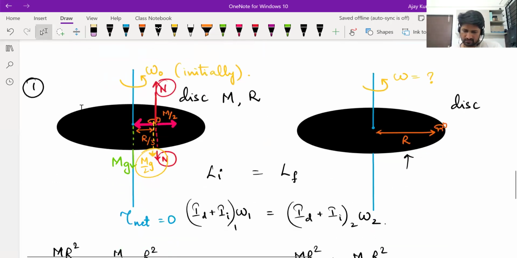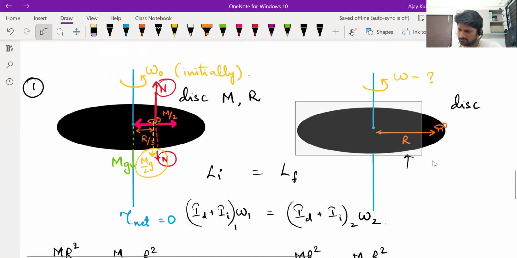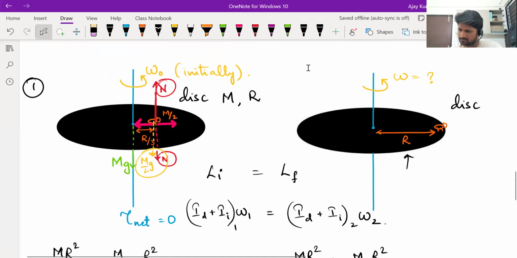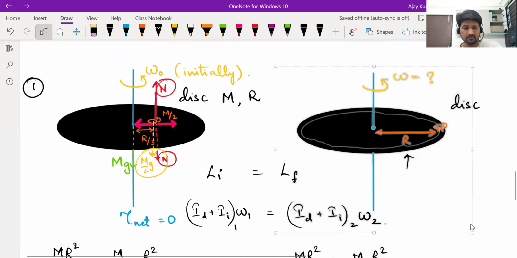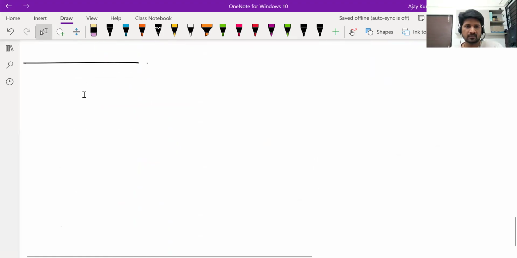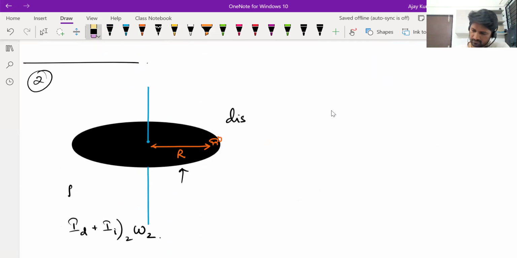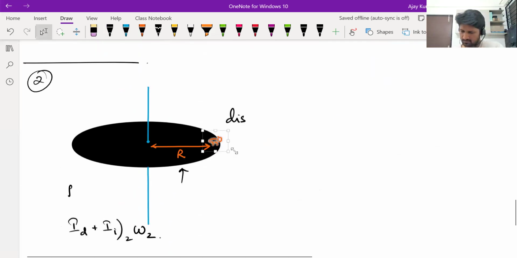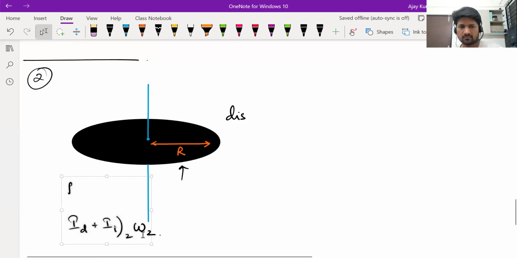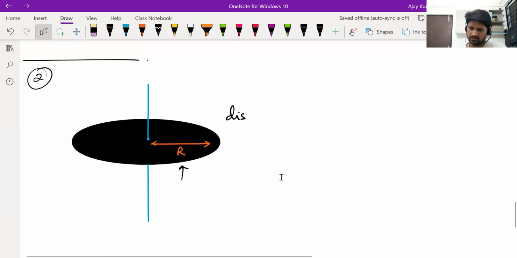Okay, let's consider another question. Again, disk and an insect system itself.